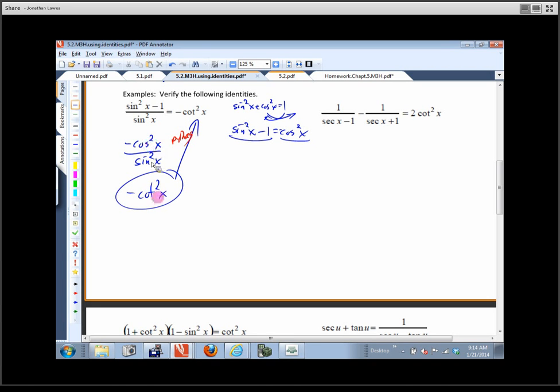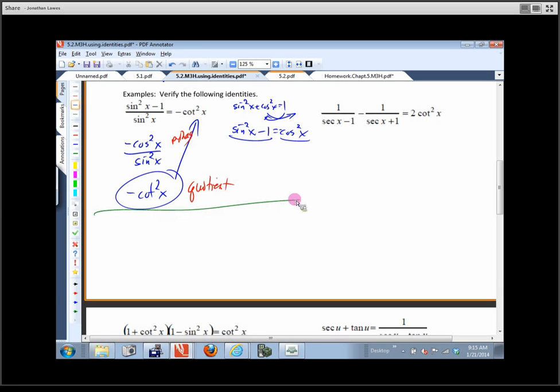How do we go from here to here? Quotient identity. Okay. So if I say Pythag and quotient, I mean Pythagorean identity and quotient identity, and I'm all set to go. Does that make sense? Everybody good there? Okay, watch.